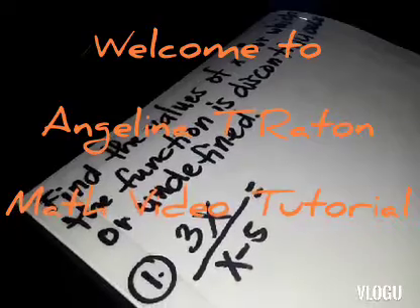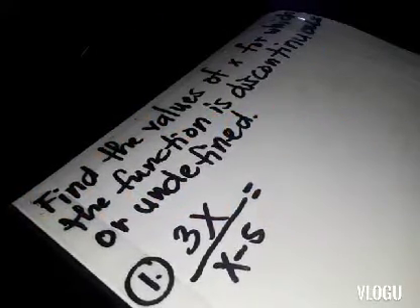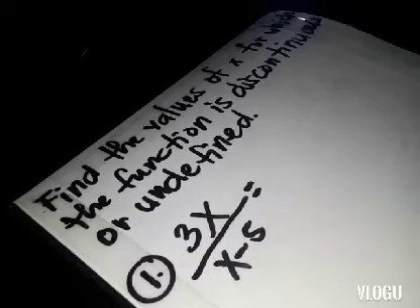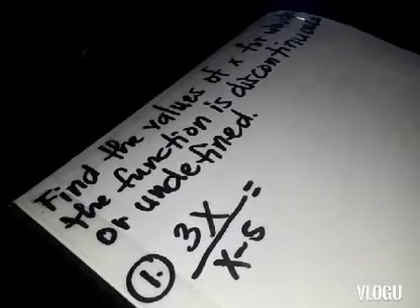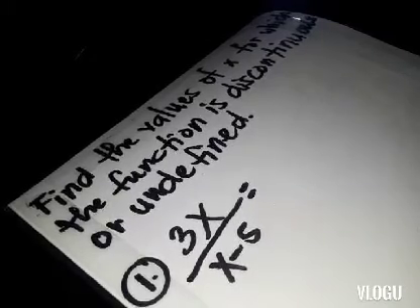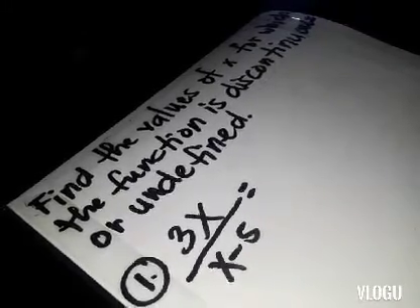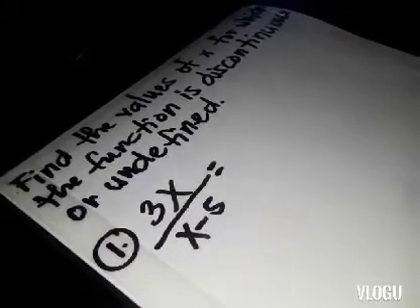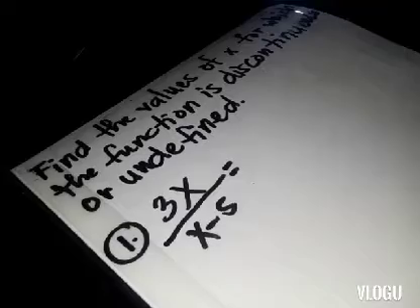Hello everyone. Today we're going to discuss how to find the value or values of x for which the function is discontinuous, sometimes called undefined. When we deal with this kind of problem, ang kailangan lang natin ay yung denominator.